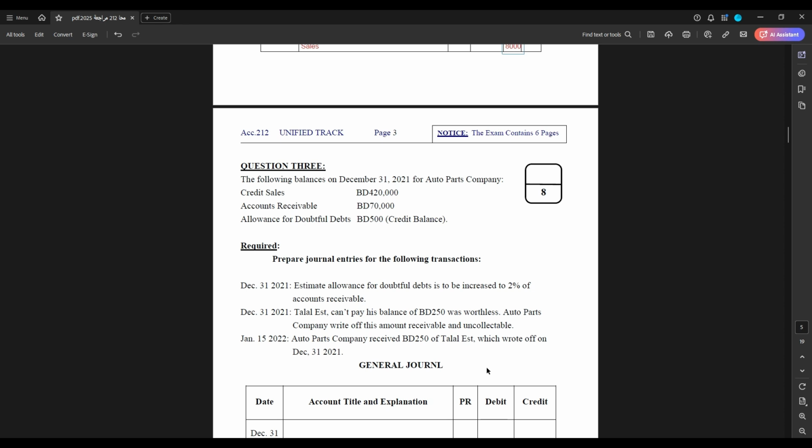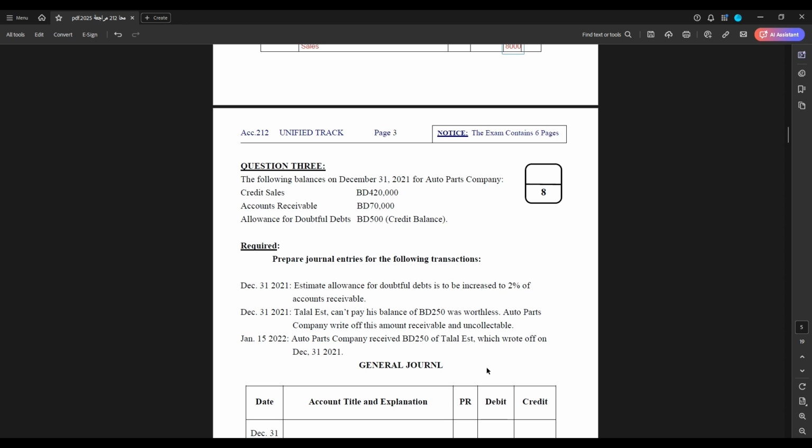Required: prepare journal entries for the following transactions. Estimated allowance for doubtful debts is to be increased to 2% of accounts receivable. On December 31, 2021, Talal establishment can't pay, and his balance of 250 was worthless.